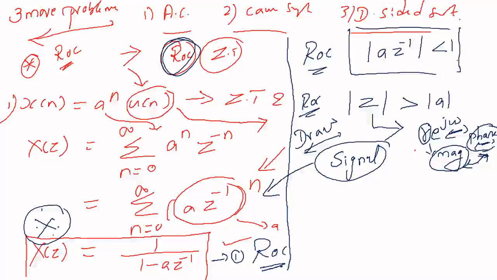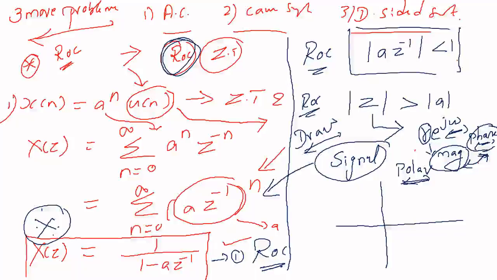And one more thing, since this is a complex variable e power j omega, I am going to use a polar plot, or else a circular coordinate plot, to draw my region of convergence. In the Laplace transform we used rectangular coordinates, Cartesian coordinates. I hope you remember that one.